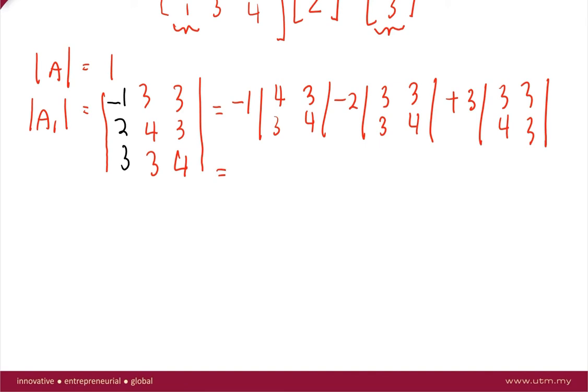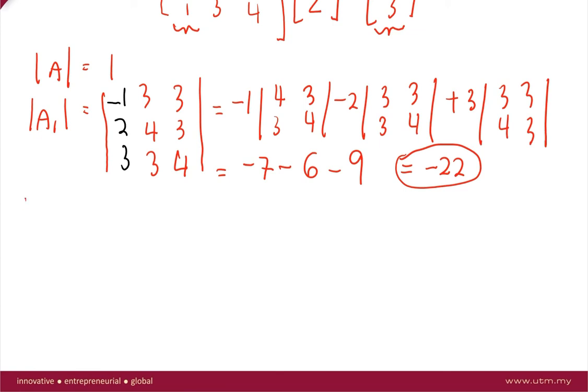Now you calculate, you get negative 7, minus 6, plus 9. Sorry, this is minus 9. So you will get negative 22 for A1.